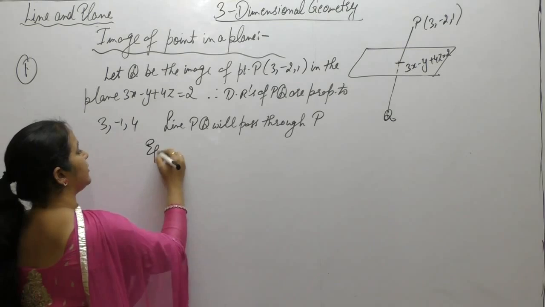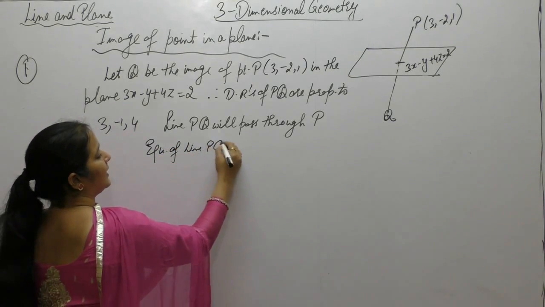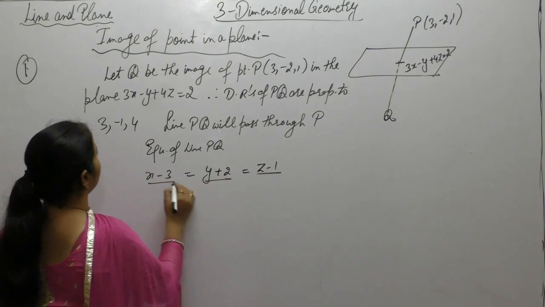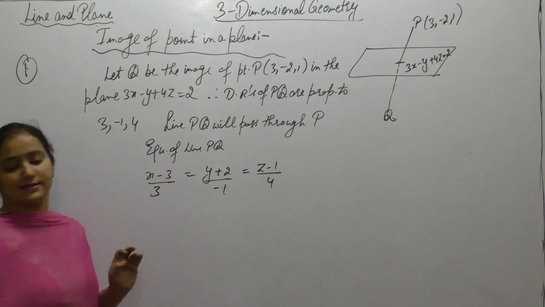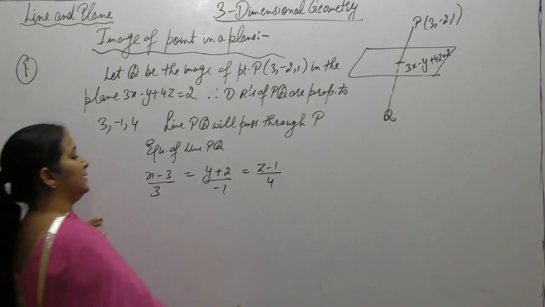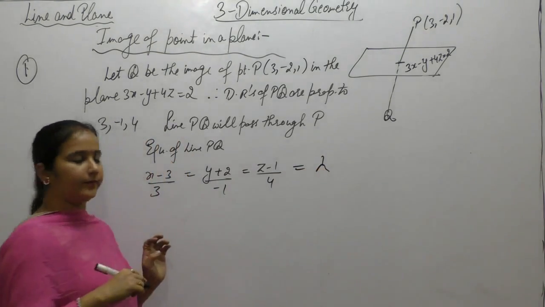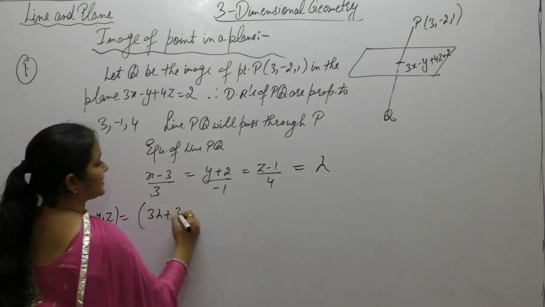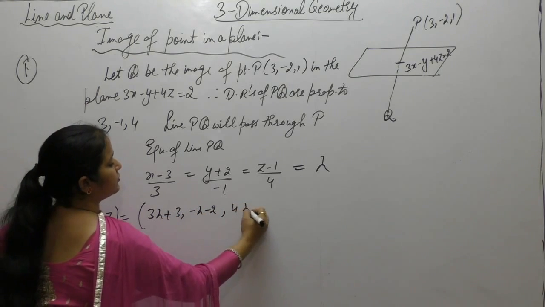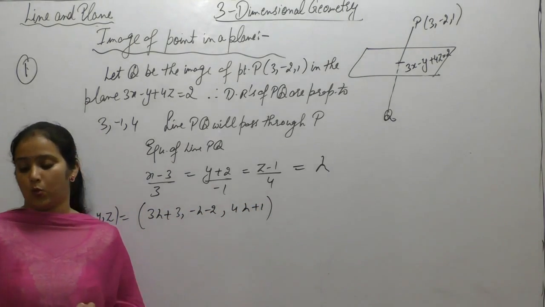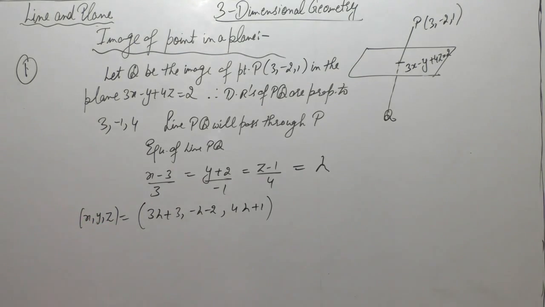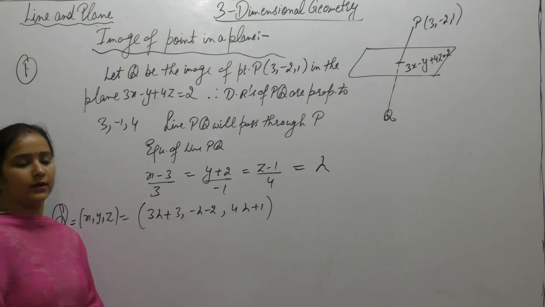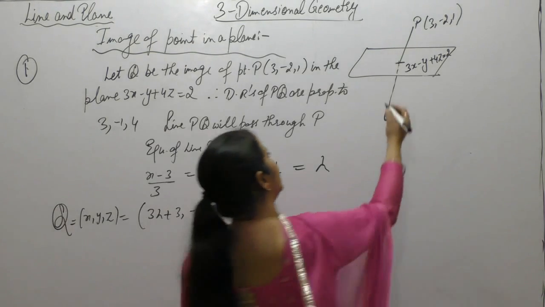So the equation of line PQ is (x - x1)/a = (y - y1)/b = (z - z1)/c. Let this equal lambda. So we get the coordinates x, y, z as 3 lambda + 3, -lambda - 2, 4 lambda + 1. Let these be the coordinates of point Q.